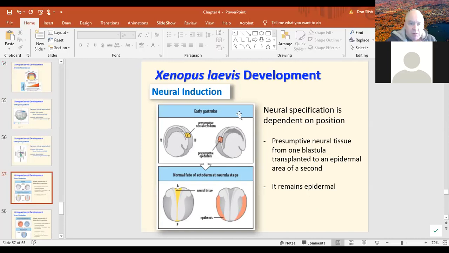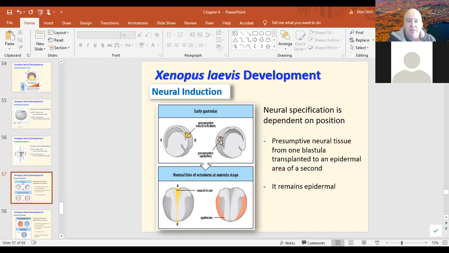So here's one experiment to show that. So you take one embryo that's at the gastrula stage, and you take this little, actually this is blastula, but it's just pre-gastrulating. And you take some Spemann organizer there, you stick it into the other end of a different embryo, and that piece of what would become neural tissue when put at this end of the embryo becomes epidermis.